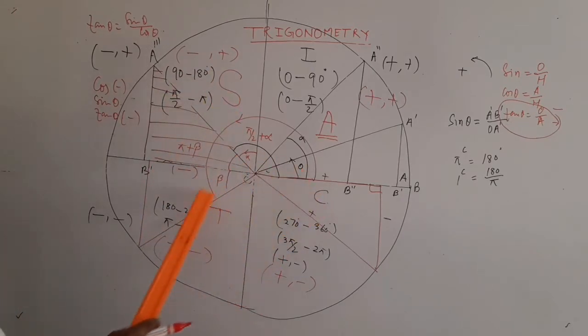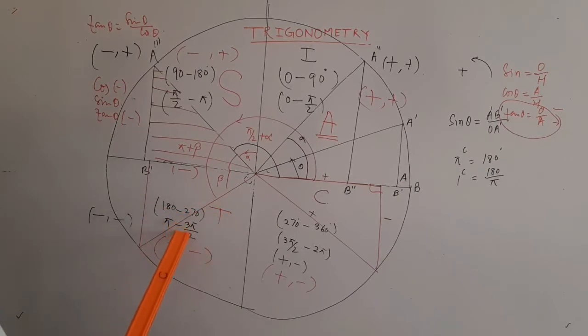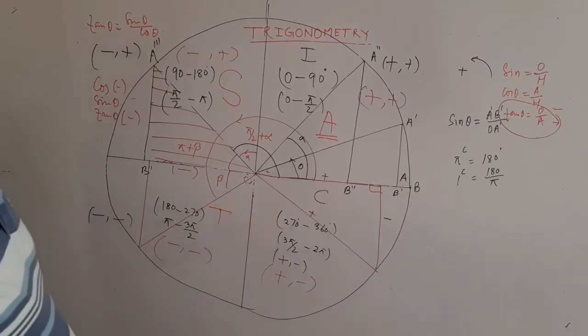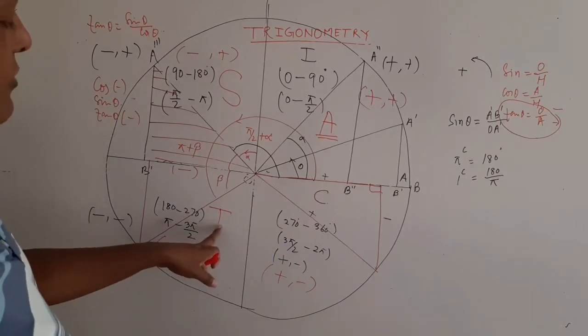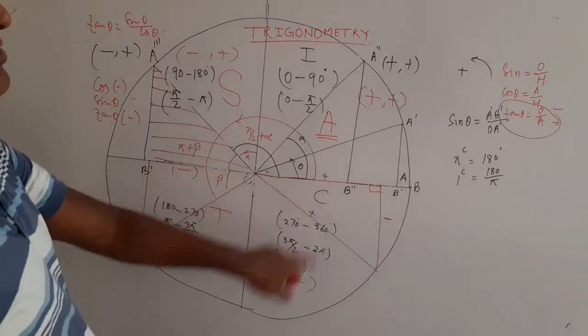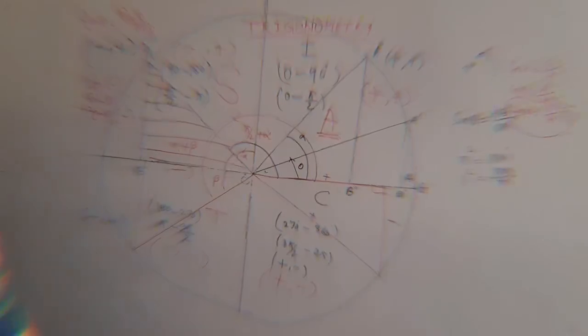So here in the third quadrant, between 180 degrees to 270 degrees, or in terms of radians, pi radian to 3 pi over 2, only tan is positive, all other ratios are negative. And the opposite of tan, of course, will be positive. So tan and cot will be positive. Here cos and sec will be positive. This is all for this basic.